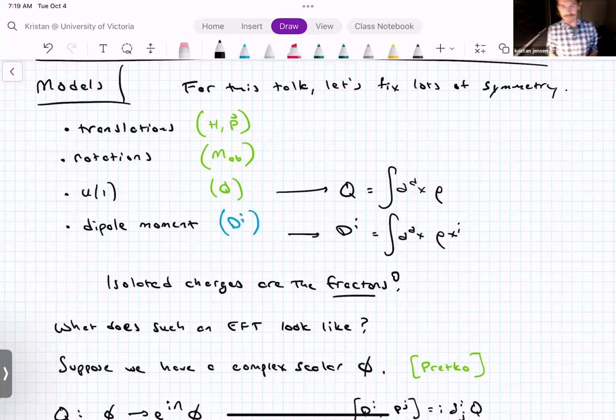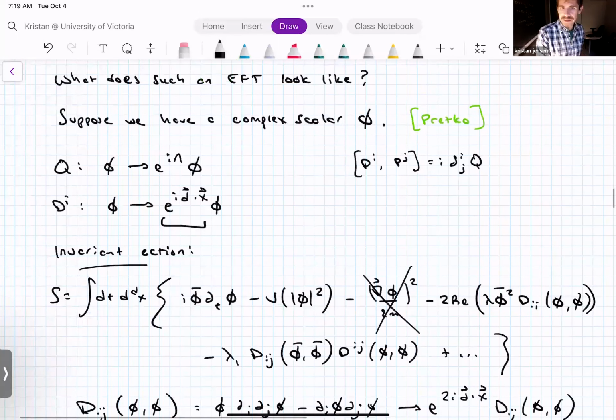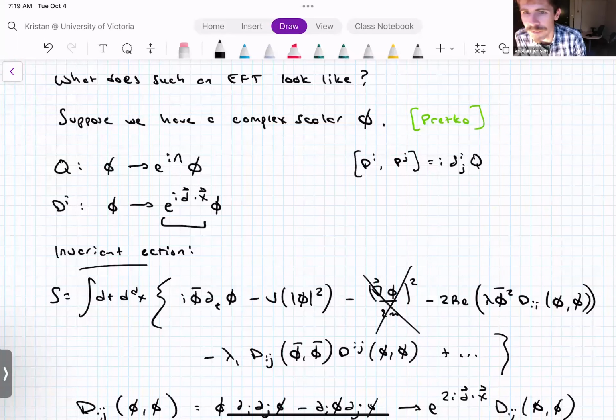That's the idea. And what we want to do now is write down an effective field theory of some charge degrees of freedom invariant under these symmetries. Fortunately, at least for a complex scalar phi being the charge degree of freedom, this problem was basically solved by Pretko when he was a postdoc at Boulder back in 2018. So let's take an ordinary complex scalar phi. It transforms under U(1) in the usual way by a phase rotation.